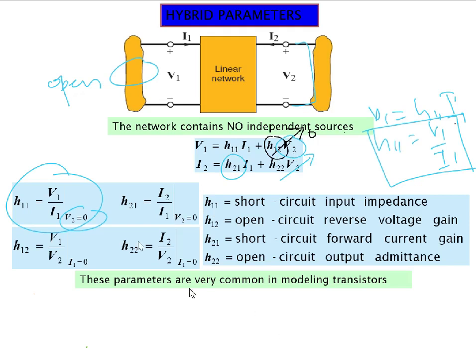So H21 is written here. In H21 we have I2 divided by I1 such that V2 is 0.